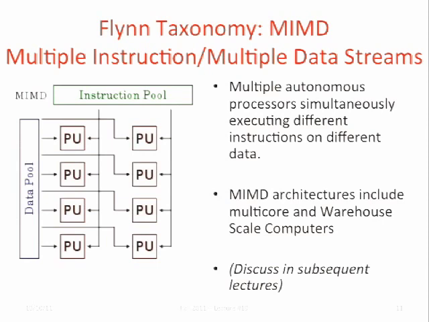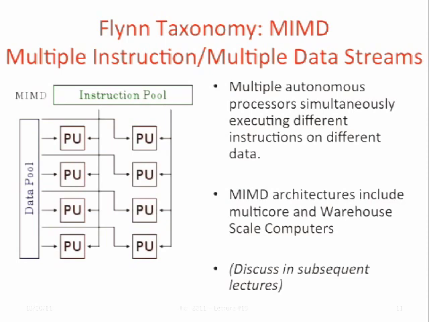Lots of different data items being operated on at the same time by lots of different instructions. So MIMD is the way the world mostly works. We'll talk about other forms of MIMD. We already talked about the coarse-grained MIMD in terms of MapReduce. We'll talk about more hardware-oriented versions of MIMD in the next few lectures when we start talking about thread-level parallelism and things like that.